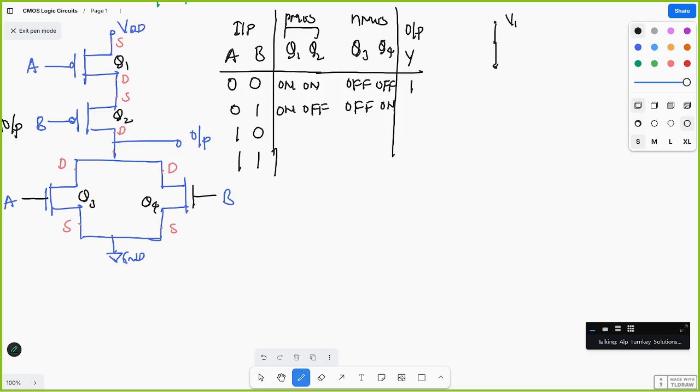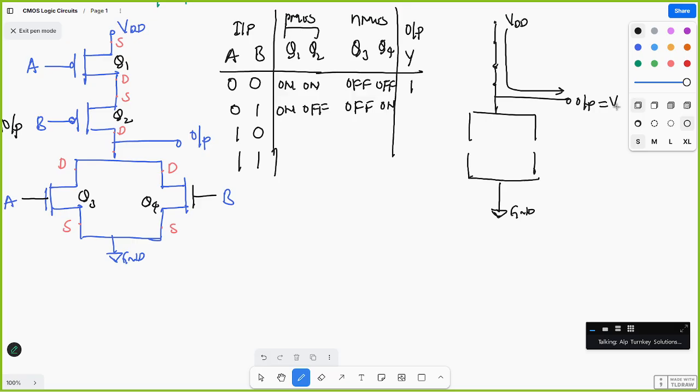This is VDD, and the NMOS will be off, and this is ground. There is a path between VDD and the output, so the output equals VDD, which is 1 in digital.